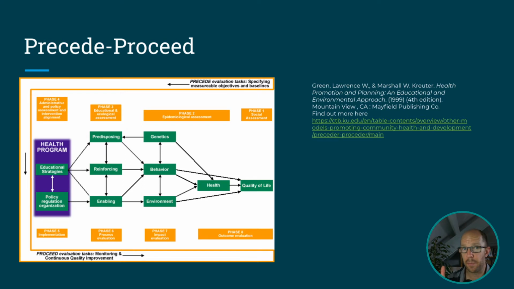Broadly speaking, the Precede-Proceed model looks at four key phases in the Precede stage: the identification of the desired result; the epidemiological assessment, so what's the evidence out there; an educational and ecological assessment, so what's the landscape in this place where we want to work; and then, more broadly, administrative and policy assessment.